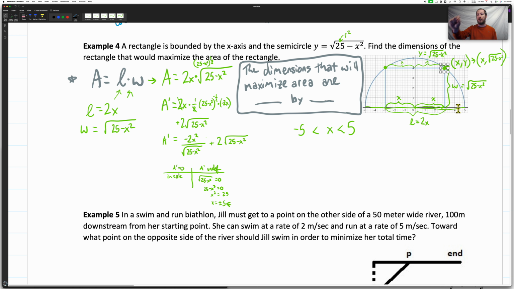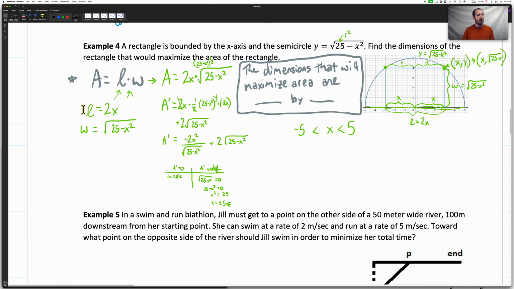So they're going to have an x value of x and a y value of the square root of 25 minus x squared. That'll give us our dimensions. So our height is going to be that y value. Our width is going to be twice that x value since we're symmetric about the y-axis. So that gives us the length and width of our rectangle in terms of x.